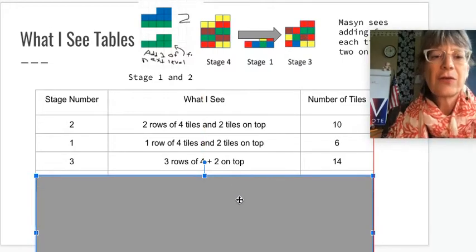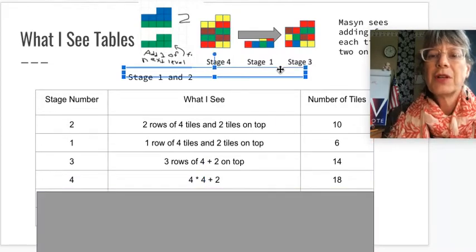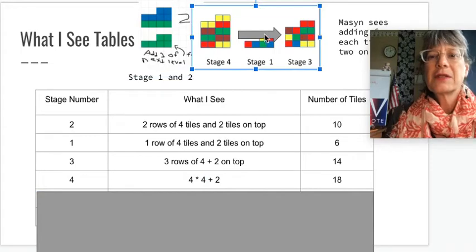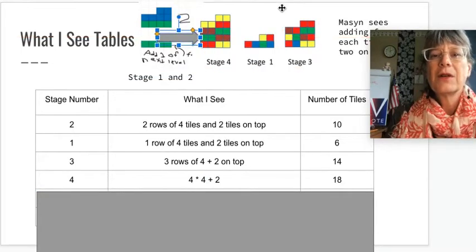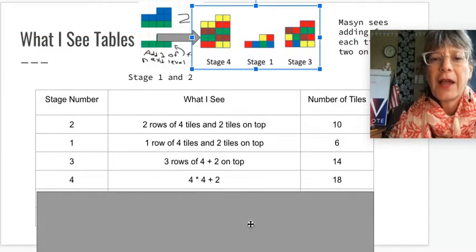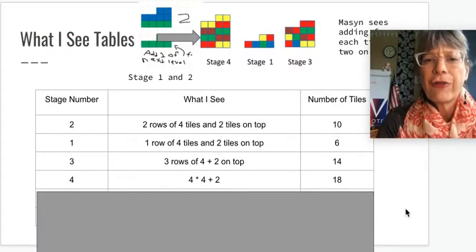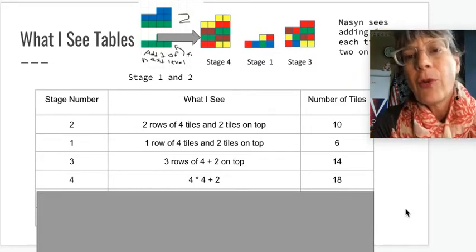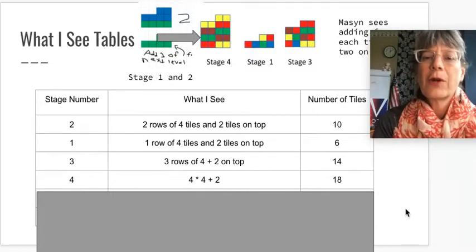In the next row, we're going to see this the way Mason sees it for stage 4, which is right here. And if there are 4 rows of 4, that's the same thing as saying 4 times 4.